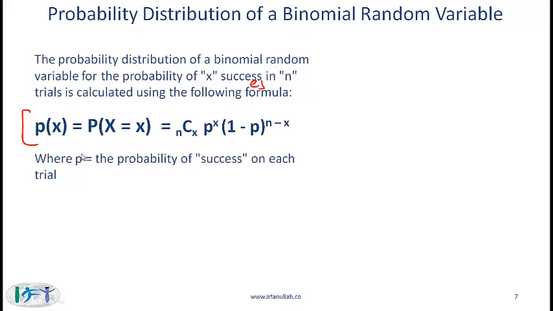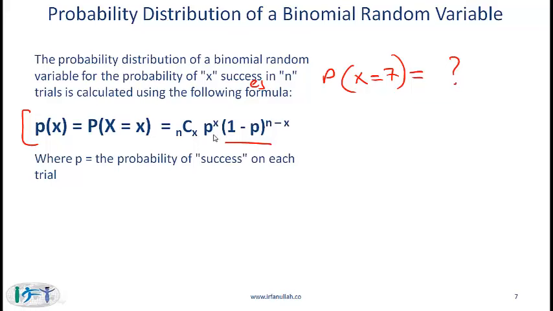If I were to continue with the simple example that I just talked about, and I ask the question, what is the probability that out of 10 coin flips I will have 7 successes, then what is the probability? The answer is given by this expression over here, nCx times the probability of a success to the power of x, 1 minus p, which is the probability of failure, to the power of n minus x.